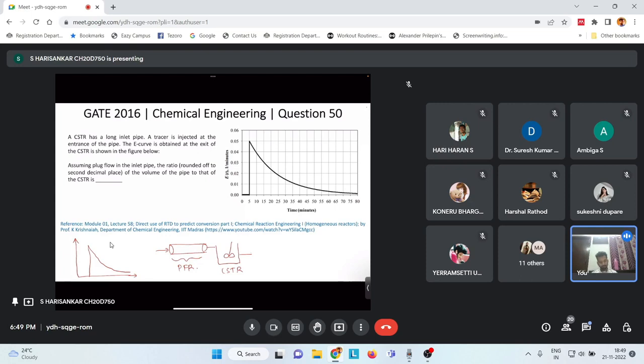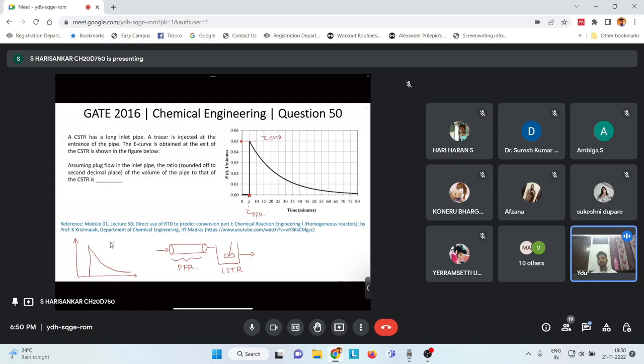So the RTD given here is basically the RTD of a system which consists of a PFR followed by a CSTR. That means this point here represents tau PFR, or the space time of PFR, and this point represents tau CSTR, or the space time of CSTR.